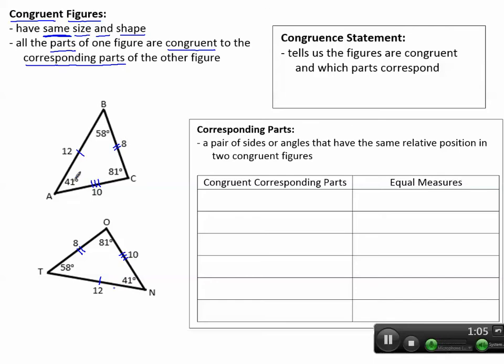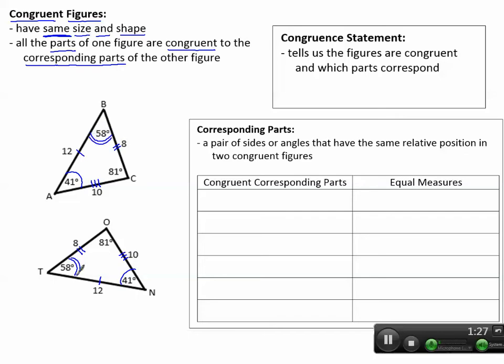But what are the other parts? The angle measures. This angle says 41 degrees, and it is congruent to this angle that says 41 degrees. This angle B says 58 degrees, and in the other triangle we have an angle that says 58 degrees.